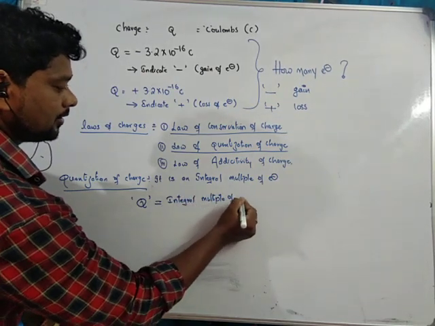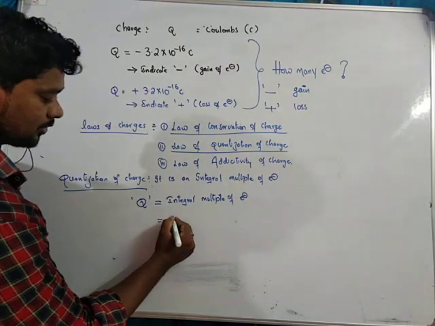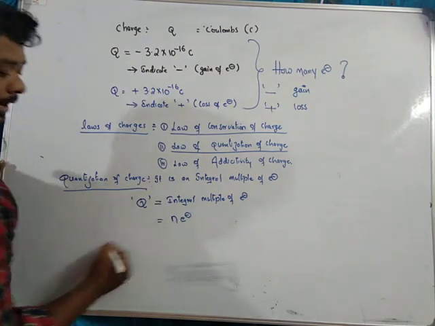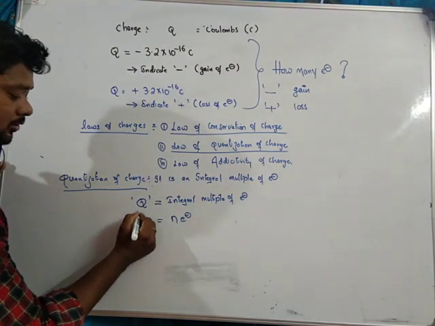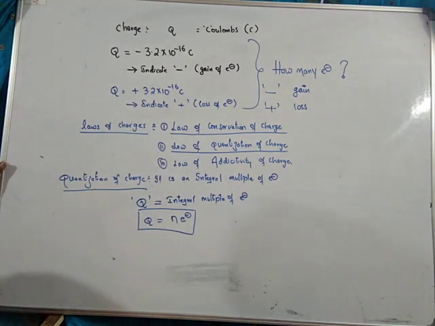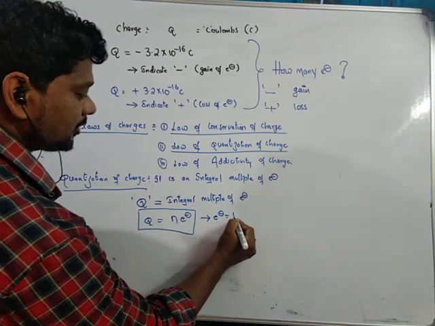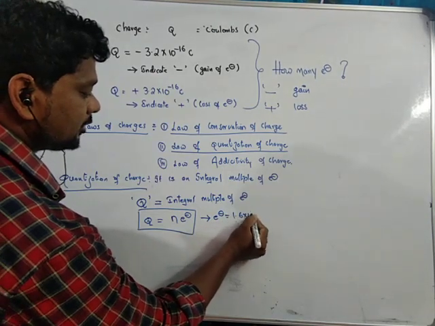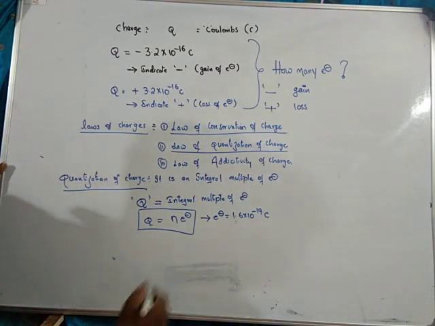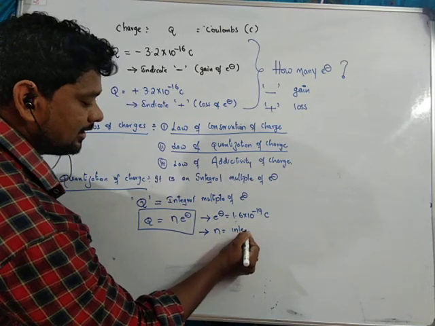Integral multiple of electron means we will represent it with n into electron, that is Q equals Ne. That's quantization of charge. Already we know the charge of an electron is 1.6 into 10 to the power of minus 19 coulombs. And n is an integer.